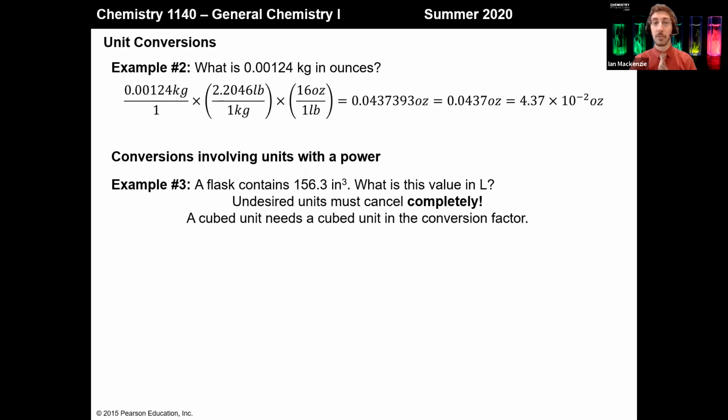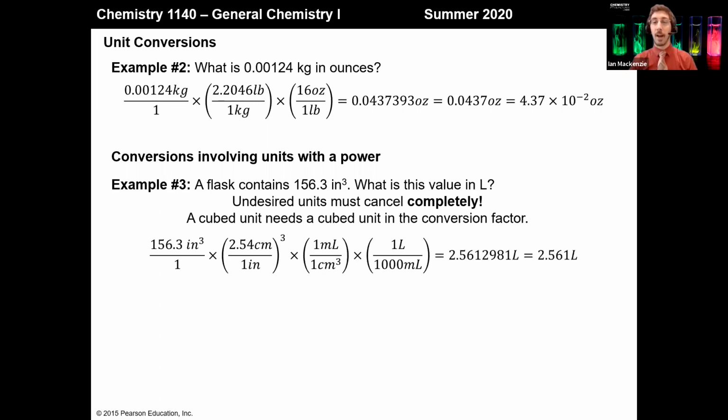So what I would do first is take my cubed unit, and it needs to have a cubed unit in the conversion factor in order to be able to cancel completely. So I can set this all up in some way like this.